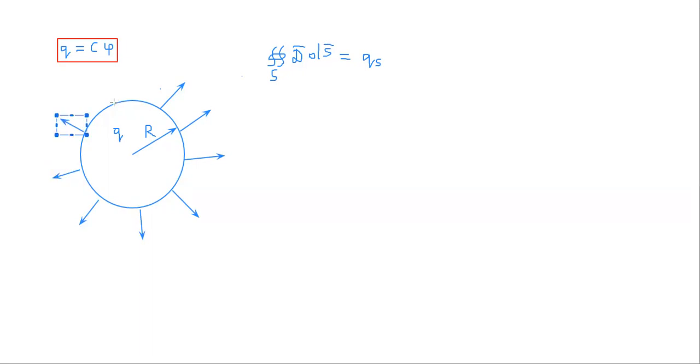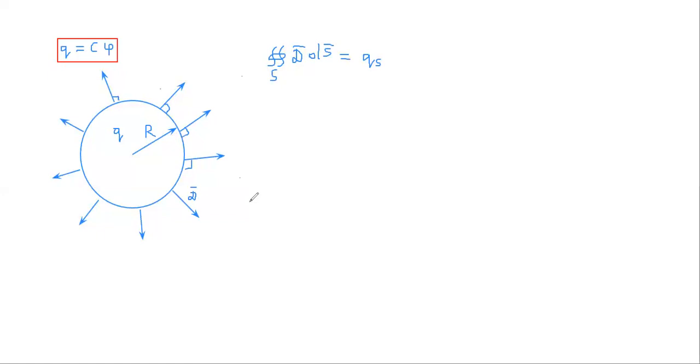We know from the previous lesson that here we have the angle of 90 degrees, and this is vector D.